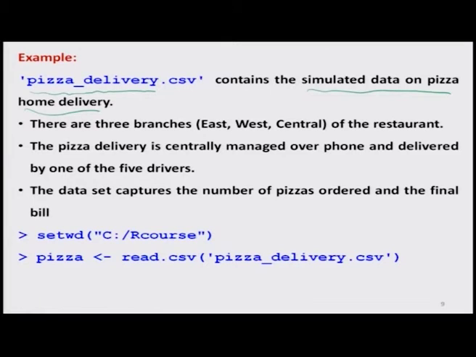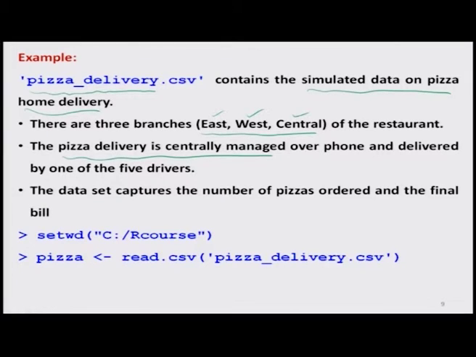In this data set there are 3 branches of the shop in the eastern part of the city, western part of the city, and central part of the city, and this pizza delivery is centrally managed over phone.